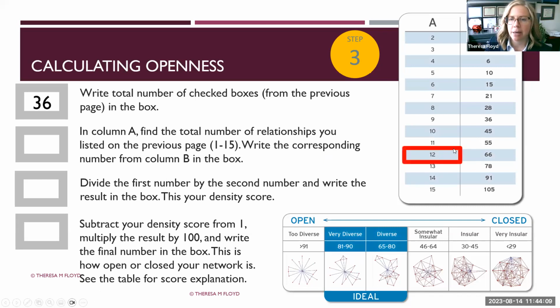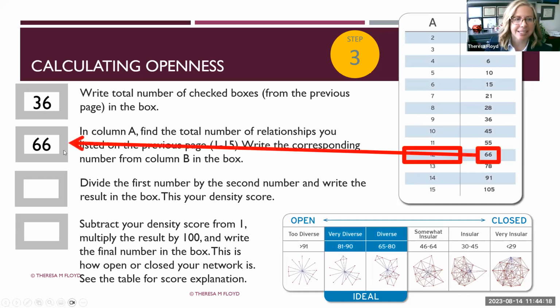So in my sample network, I had identified 12 network contacts. And so I'm taking the number 66 and putting it here. This is just the total number of relationships that could exist in a network that has 12 people, right?